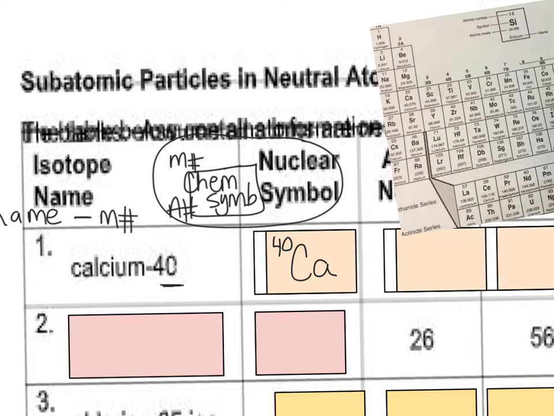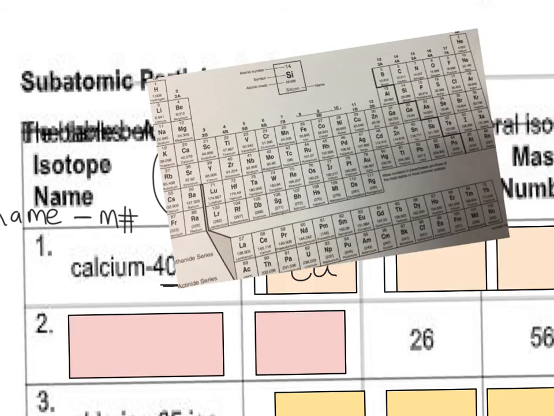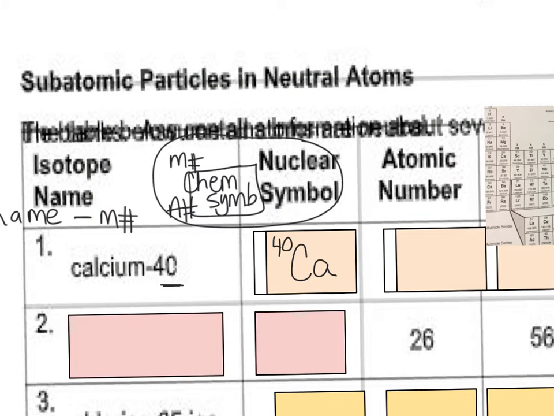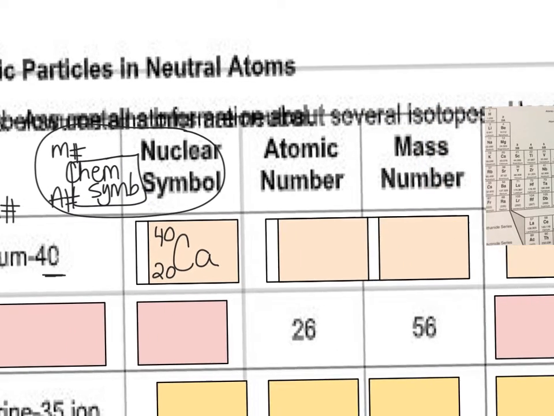When it's not given to you, you have to do a little bit of thinking with your number of neutrons and protons. And then your atomic number will also come from your periodic table, and that would be 20. The top number there was 20, okay? So we're going to put a 20 in the lower left-hand corner for your atomic number. There's nothing else that we need to write. That is your nuclear symbol for calcium 40.